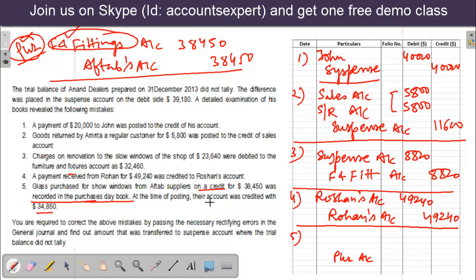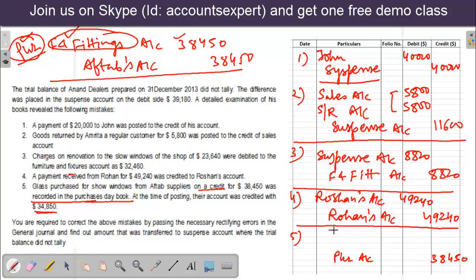At the time of posting, their account was credited with 34,850. So purchase account we will credit with 38,450.